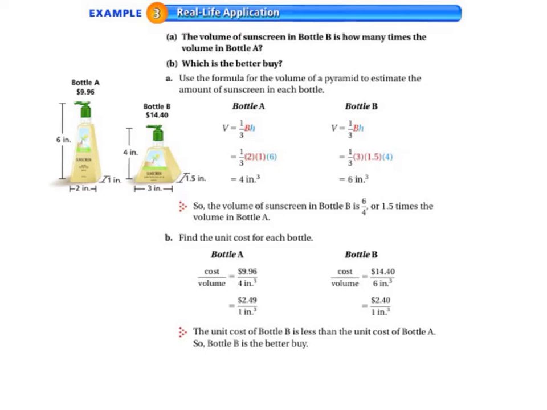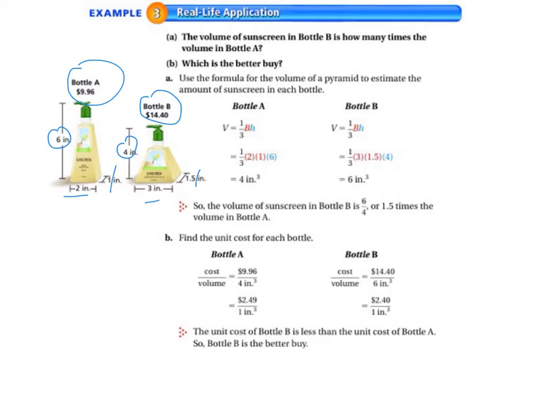So bottle A costs $9.96, and the base of the bottle is 2 inches by 1 inch, and the height is 6 inches. And bottle B costs $14.40, and the base of the bottle is 3 inches by 1.5 inch, and it's 4 inches high. So let's compare the two bottles.